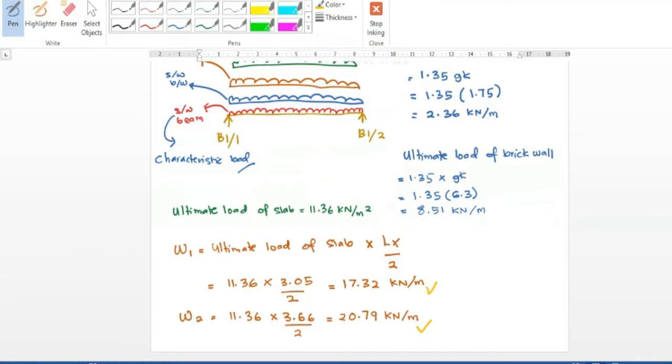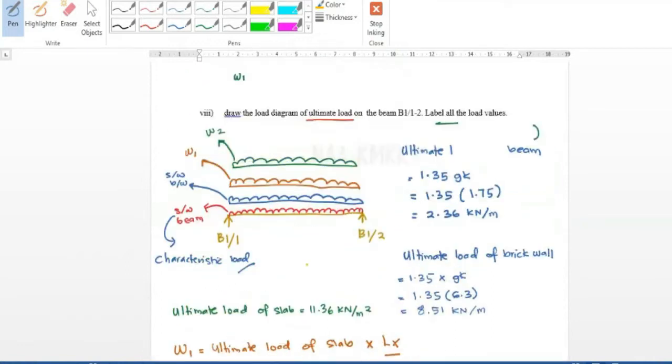So here we have to state, or label, the load values. You can sketch or draw it again and state the values. This one is 2.36 kN/m.